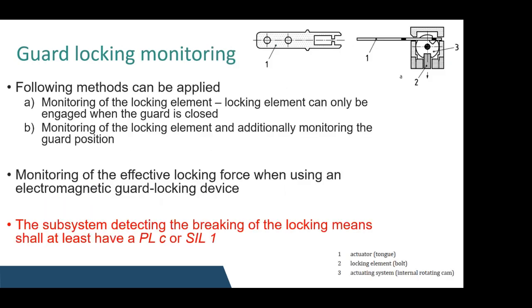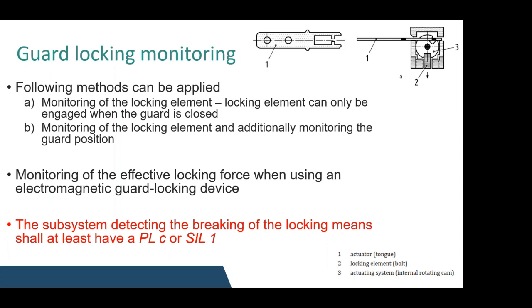Next, I will talk a little bit about guard locking monitoring because it is necessary to know if the guard is effectively locked. And there we can use two methods. Either we can use monitoring of the locking element, and the locking element can only be engaged when the guard is closed. That's visible in the upper right corner.